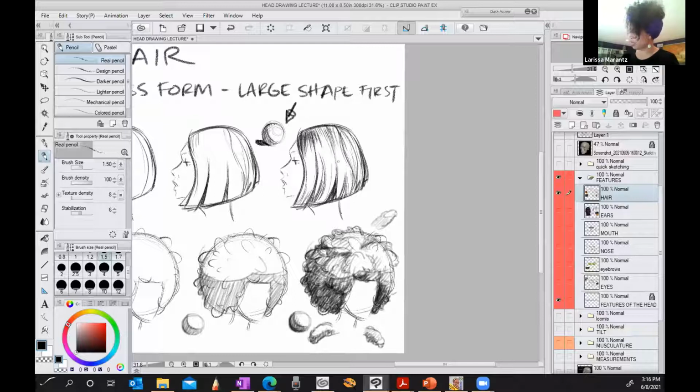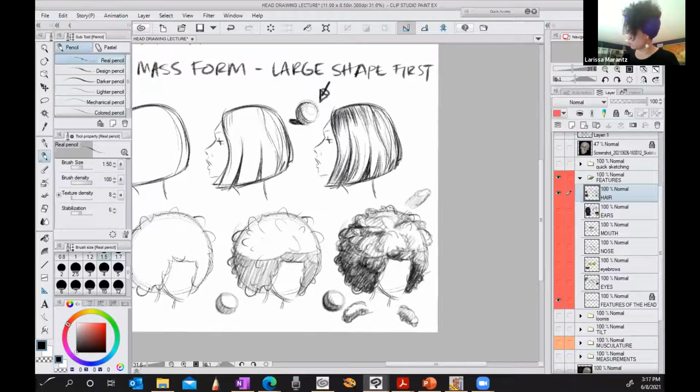And this area right here would be the highlight, okay? But as this form turns, this gets a little bit darker. And what we're doing is twofold: creating texture and creating form, okay? Based on how we're adding the lines to the hair, okay?